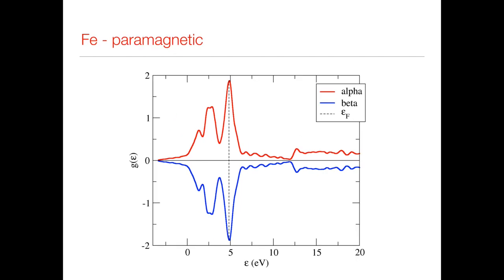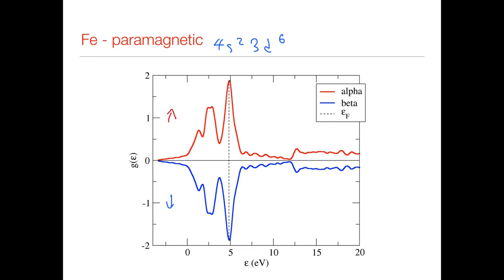What about iron? This is a calculation on iron in the paramagnetic state. I've not allowed any splitting between the up and the down. So again these are up, and this is down. And remember, iron is 3d, 1, 2, 3, 4, 5, 6, counting off the periodic table there. 4s2, 3d6.